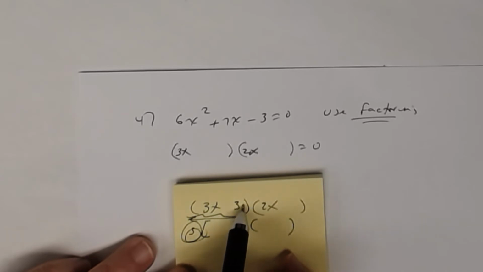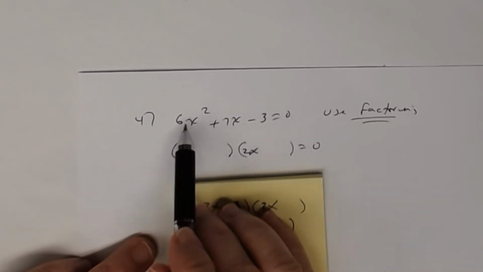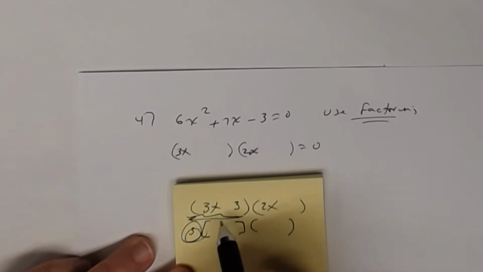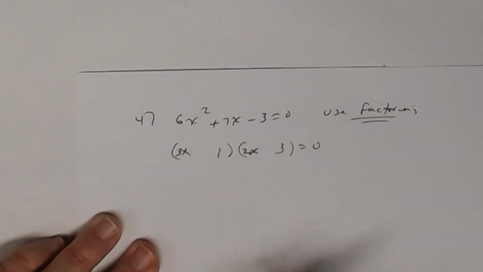So I cannot put a 3 here, because the GCF of those three terms on this side is 1, not 3. So when I factor this, I must put the 3 here and then the 1 there.